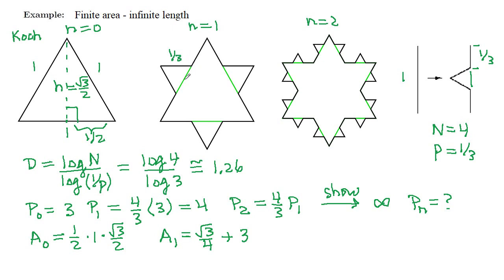This is 1/3, this is 1/3. So it's going to have 1/3 the base and 1/3 the height. So we're adding on 3 triangles, and their area is going to be 1/2 times our new base. Instead of 1, it's 1/3.